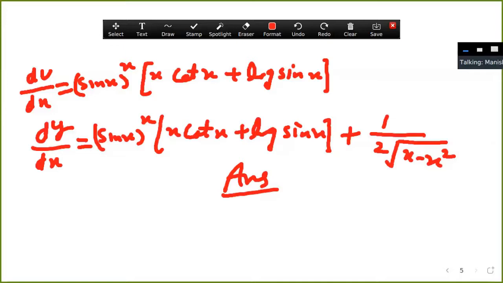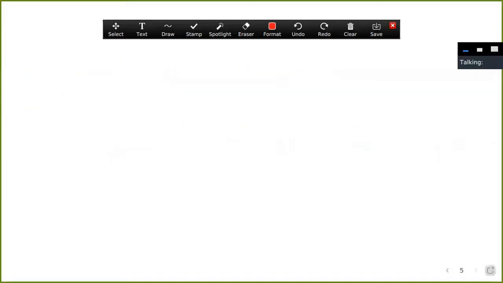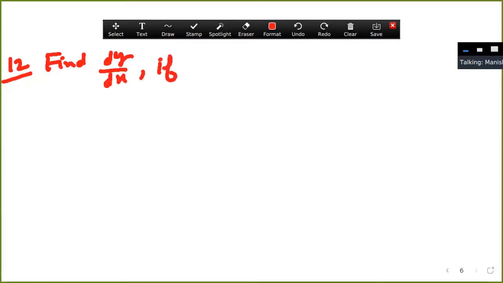Question number 12 is: find dy upon dx if x to the power y plus y to the power x is equal to 1. Now here I want to tell you one thing, one formula which is very important.